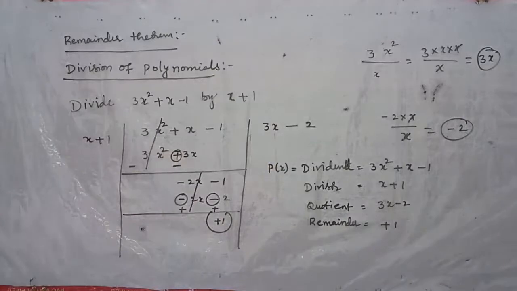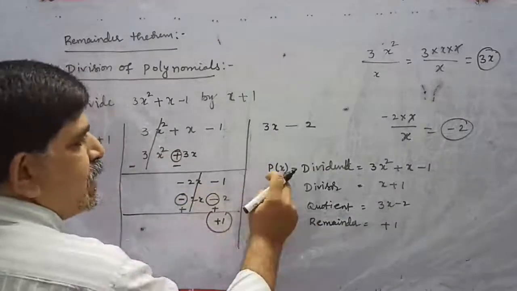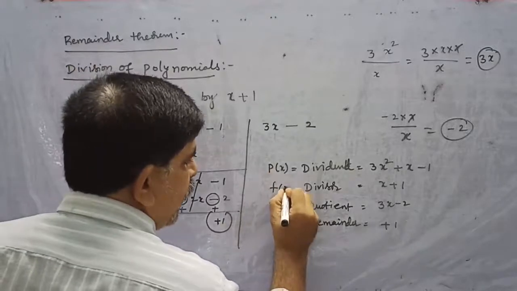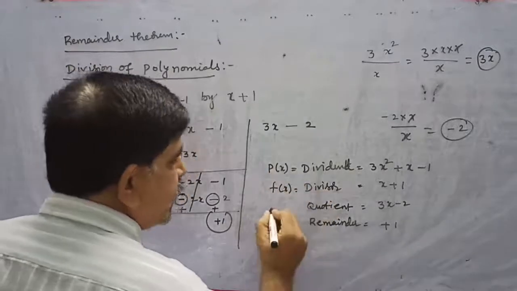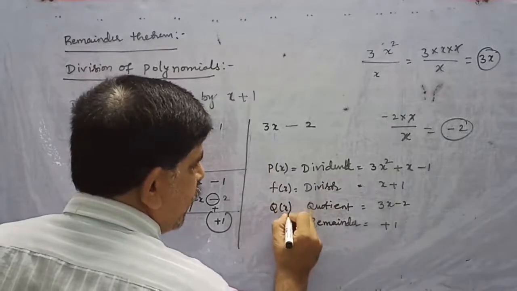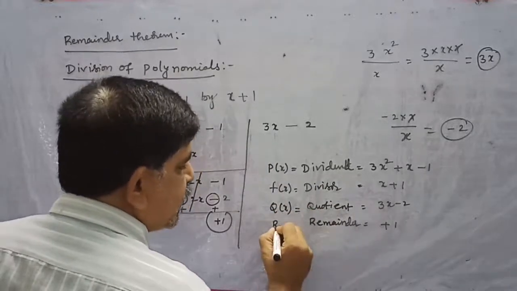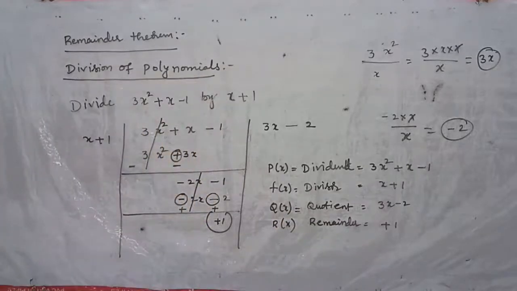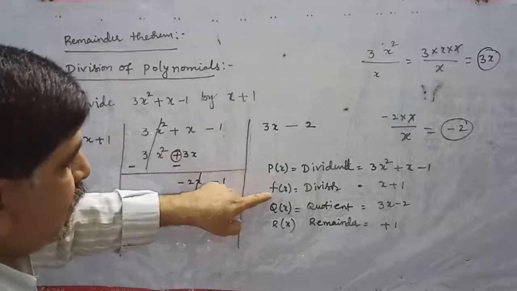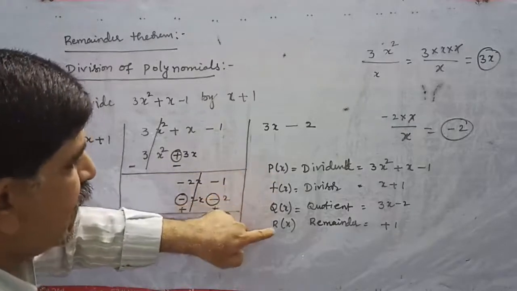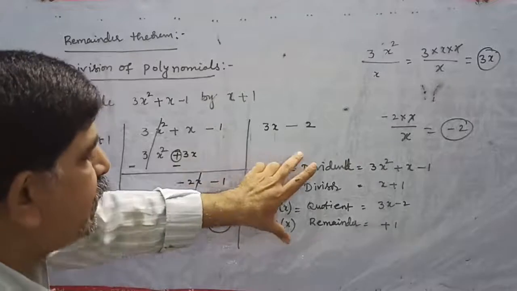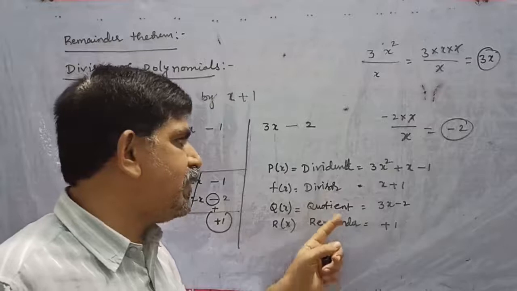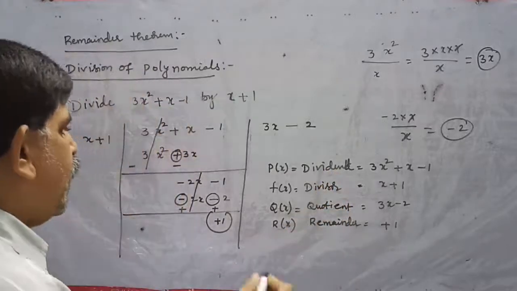Right? Let us suppose the dividend is p of x and the divisor is f of x and the quotient is q of x and the remainder is r of x. Using this we know the division rule, that is divisor into quotient plus remainder is equal to dividend. How can we write this?